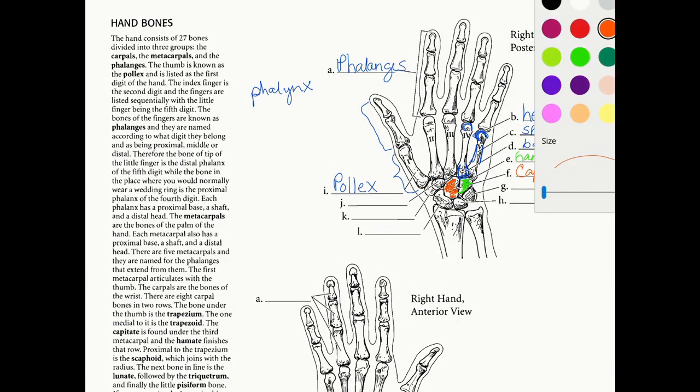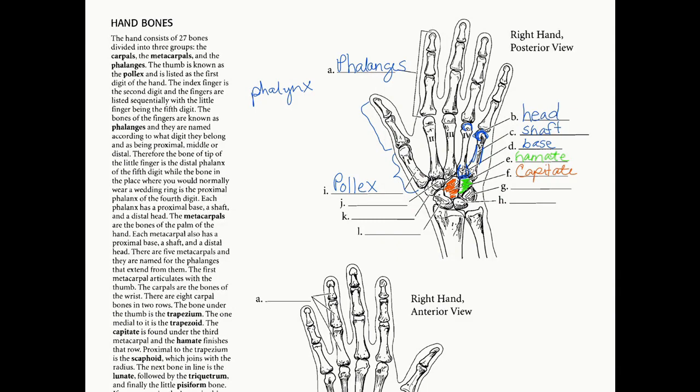And lateral to the capitate, we have J. And J is the trapezoid, just like the shape.